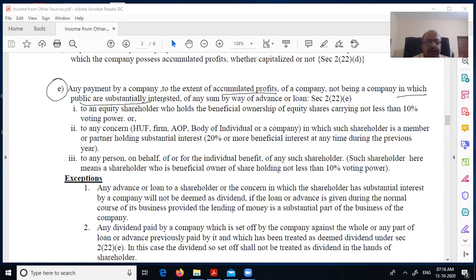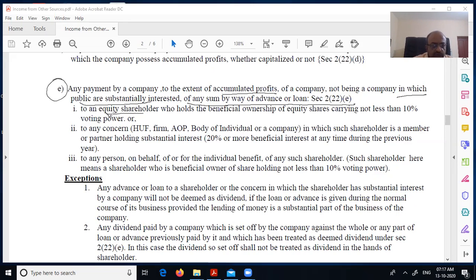That means a public limited company will not get attracted. But any sum of any advance or loan, even a loan becomes a dividend in the hands of the shareholder. Even if the company is giving a loan to the shareholder, if they have got accumulated profits, that can also become dividend. Now these are things I'm sure unheard of, right? But that's the way.